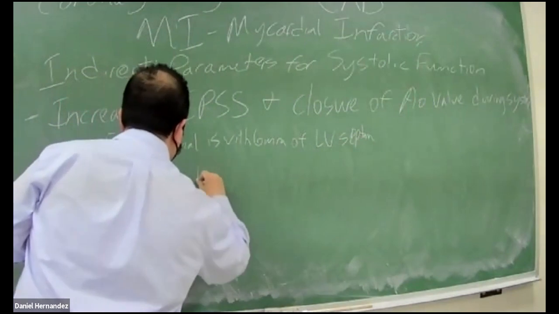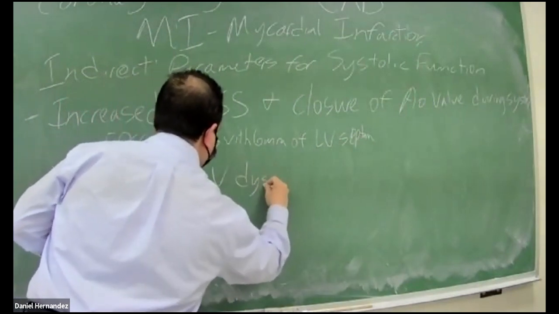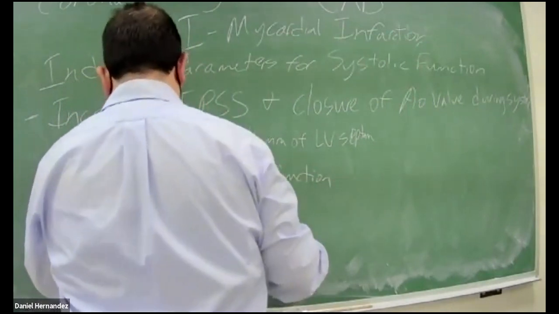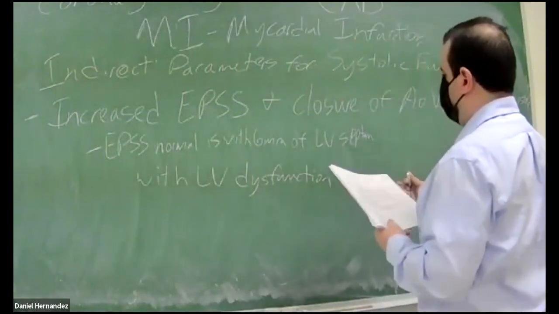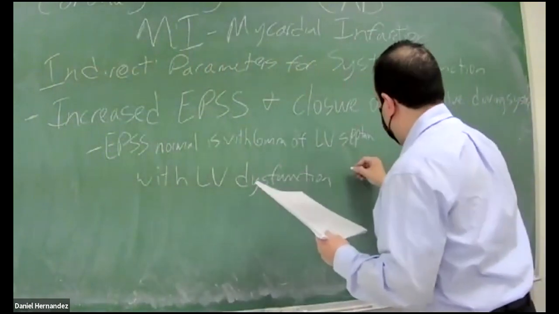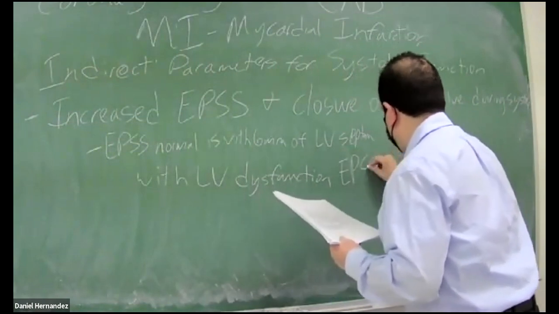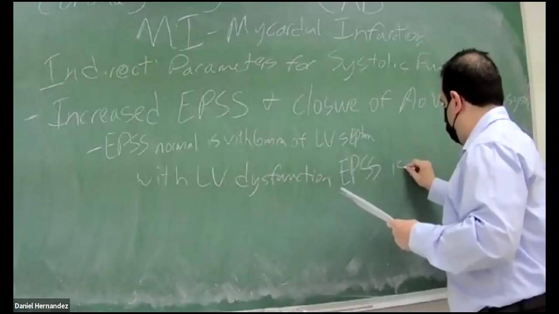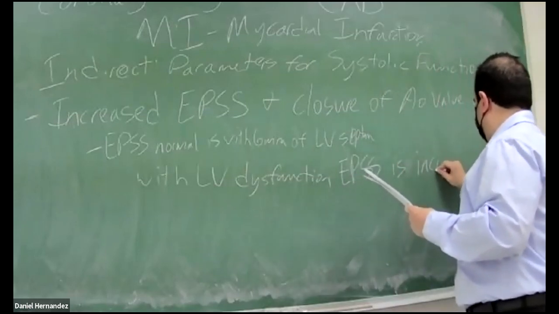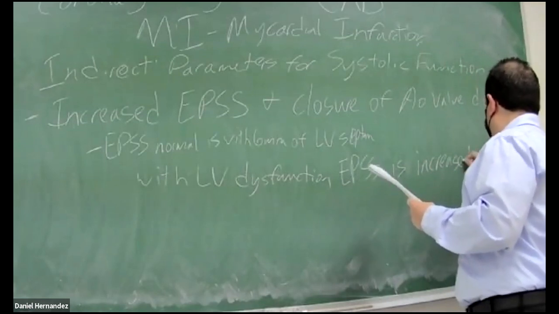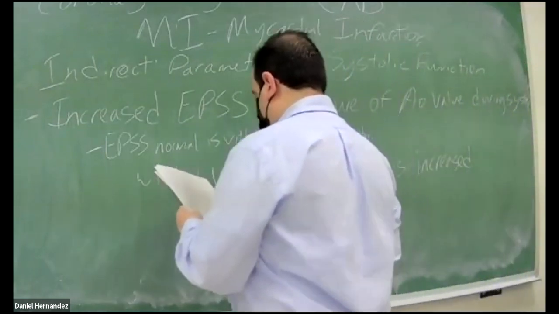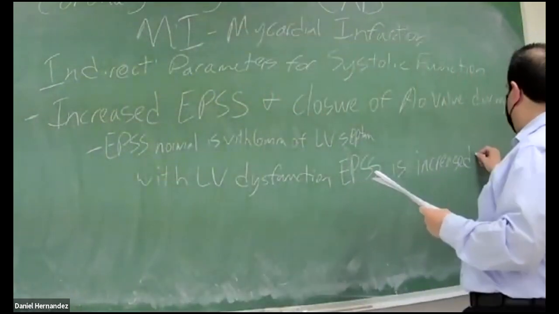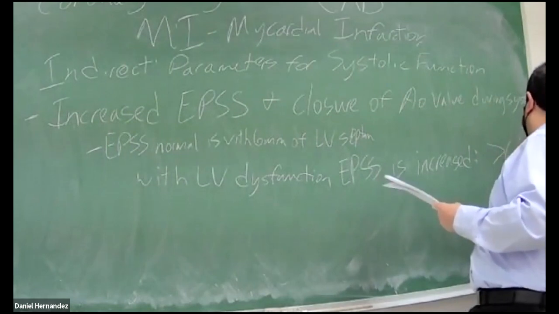With LV dysfunction, EPSS is increased. We could say greater than 6 millimeters.